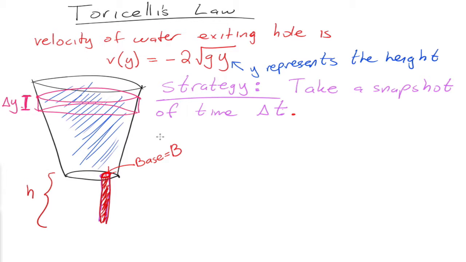Now you want to compare the volume of the water that is exiting out here with the volume of water that is leaving the tank. But what do you notice about the water leaving the tank? If you wanted to find the volume of water leaving the tank, how would you find it?